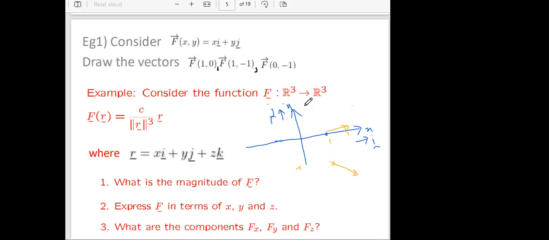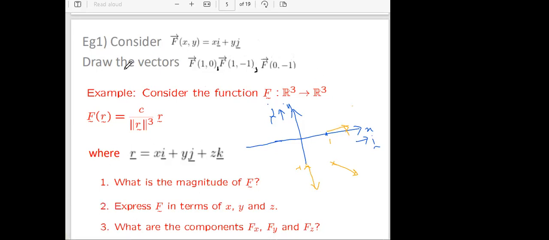Negative. Not into this, yeah, 0. There is no I component. This is the output. So like that, yeah, you can draw.